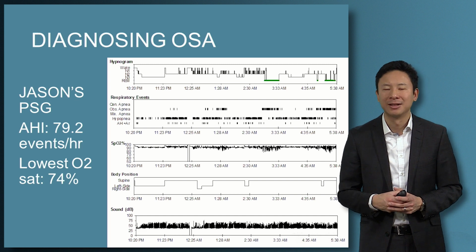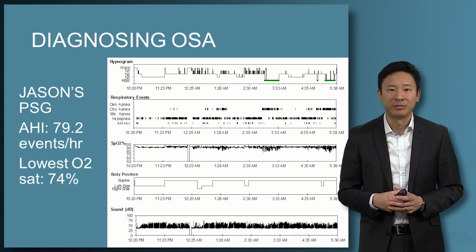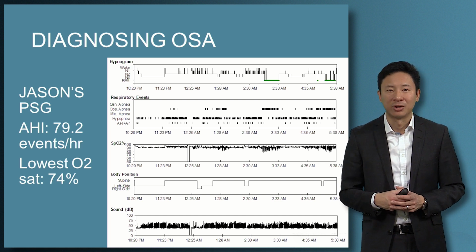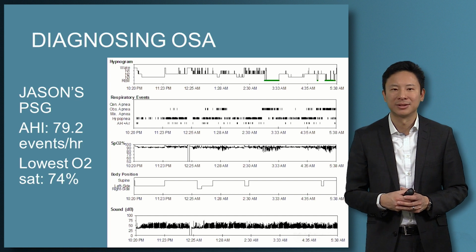You will note that the green bar on the hypnogram denotes REM sleep. The box below that is for respiratory events. And this is subdivided into apneas, both obstructive and central, and hypopneas. The box below that is for oxygen saturation, and then below for body position, and finally at the bottom is the snoring or sound channel.